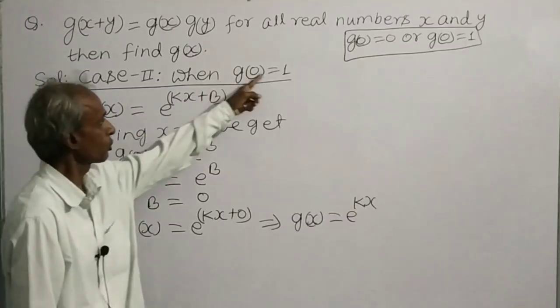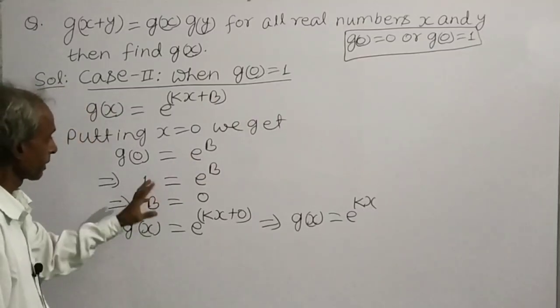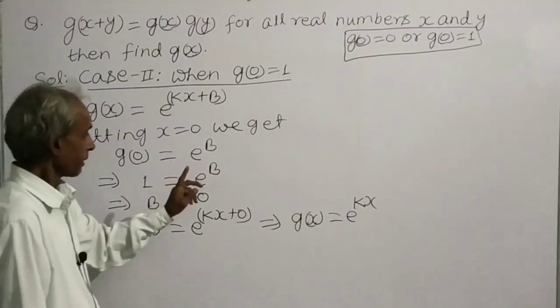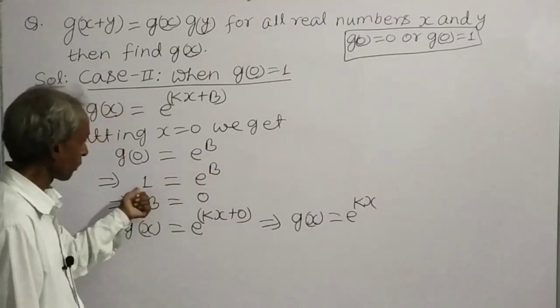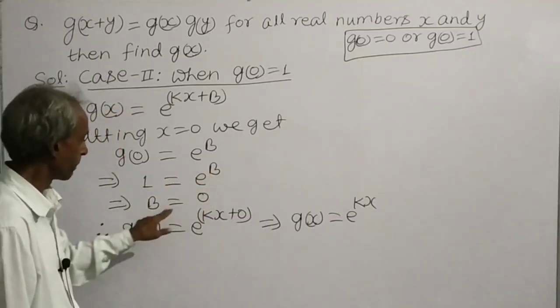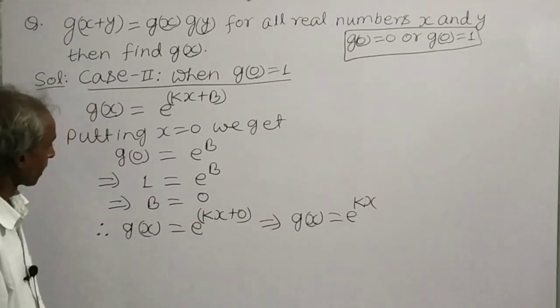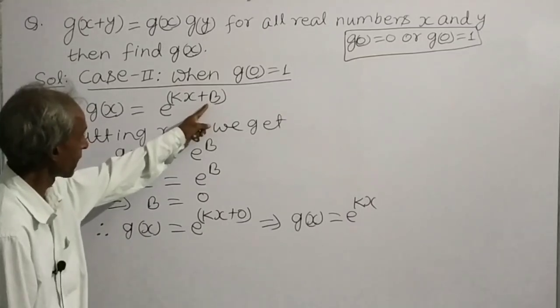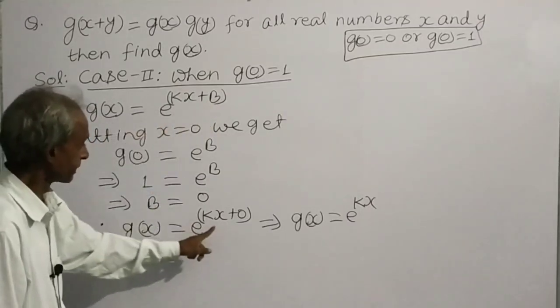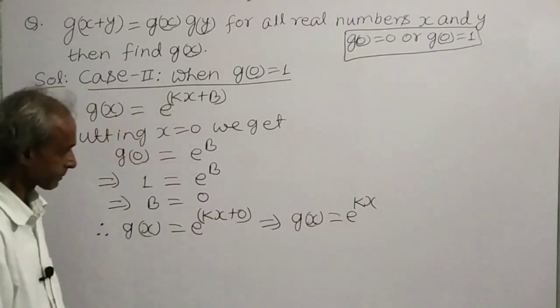Since g(0) is equal to 1, therefore we write 1 here. Since power 0 to any number becomes equal to 1, that means value of b will be 0. When we put 0 in place of b here, we get g(x) is equal to e to the power kx.